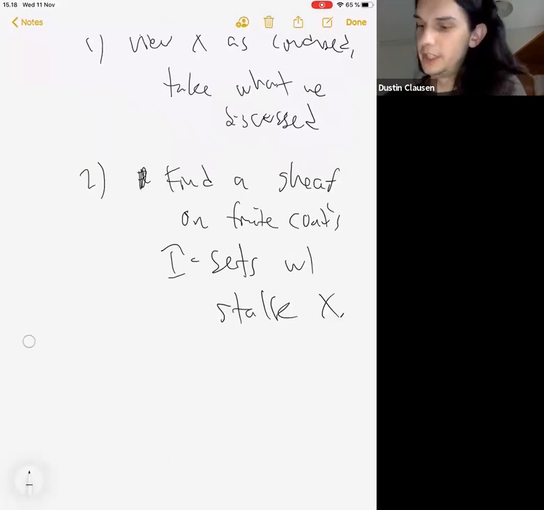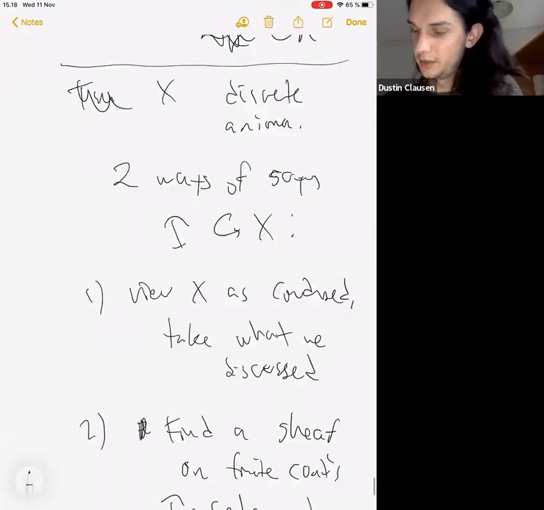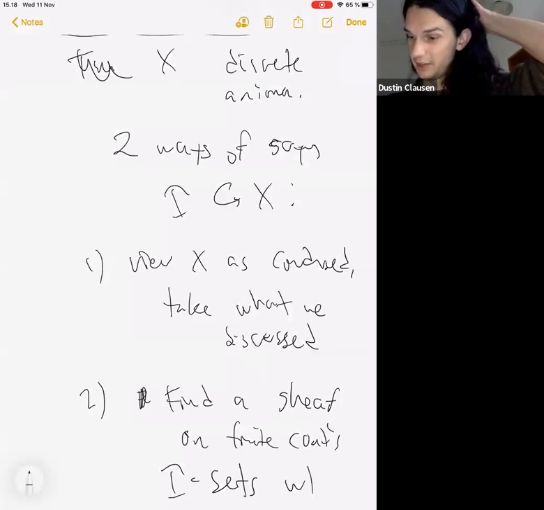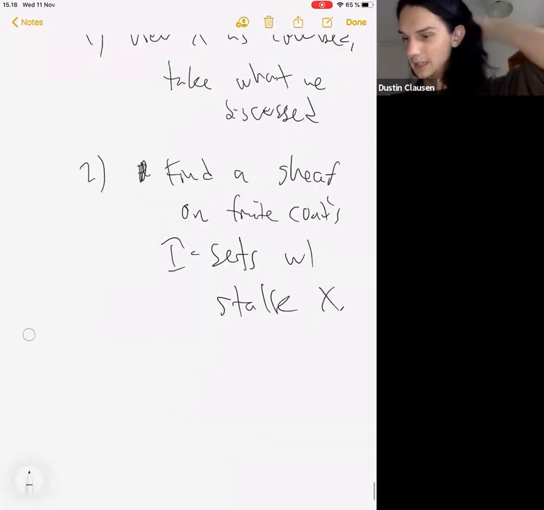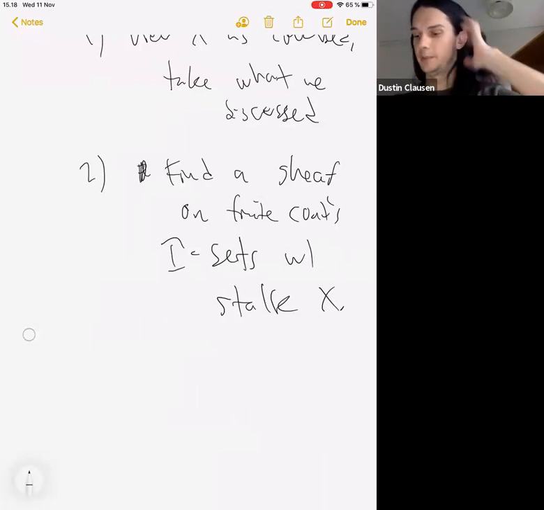So these are two reasonable ways to encode a notion of a continuous action of a profinite group on an anima. And there's a strong relationship between them.